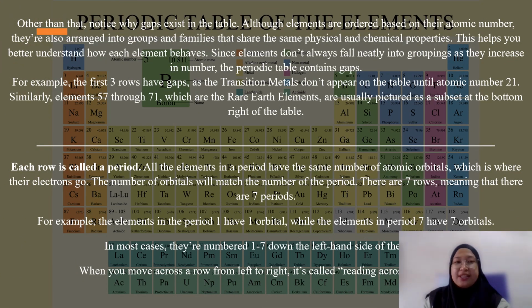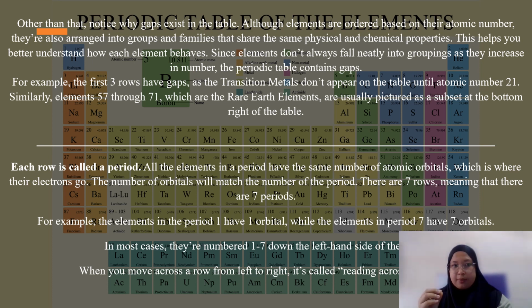Did you notice why the gaps exist in the table? Although elements are ordered based on their atomic number, they are also arranged into groups and families that share the same physical and chemical properties. This helps you better understand how each element behaves. Since the elements don't always fall neatly into groupings as their atomic number increases, the periodic table contains gaps.